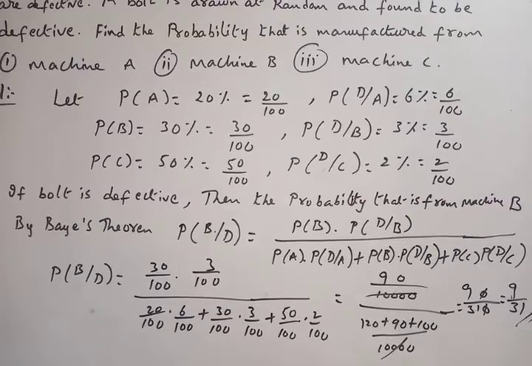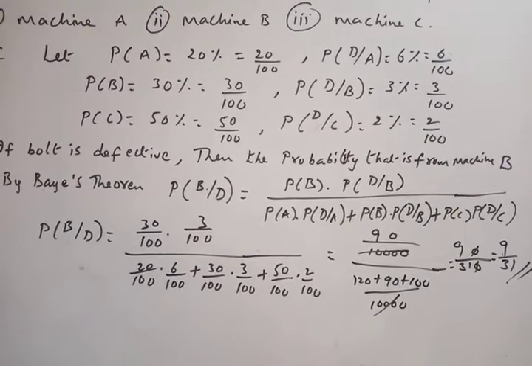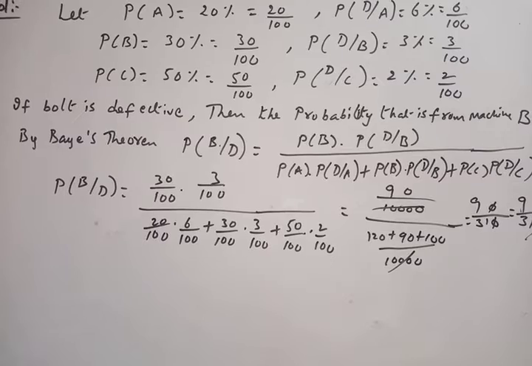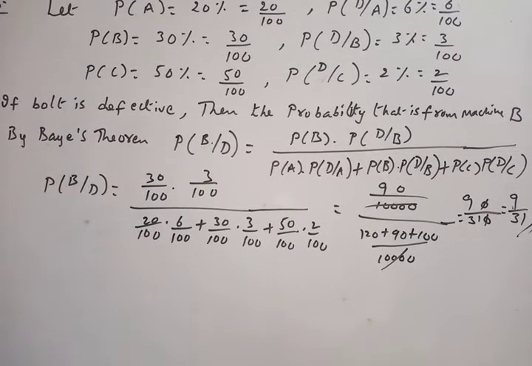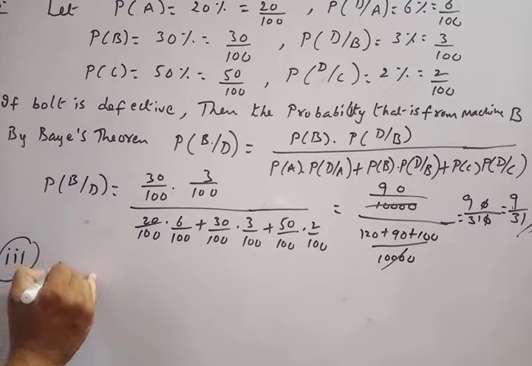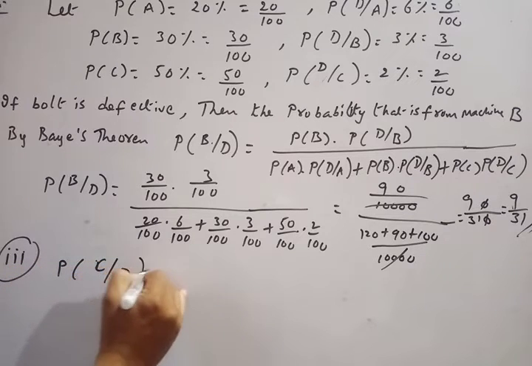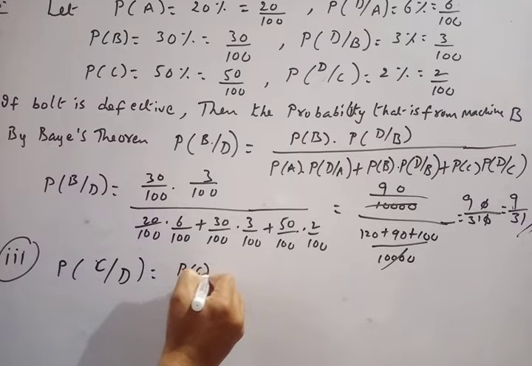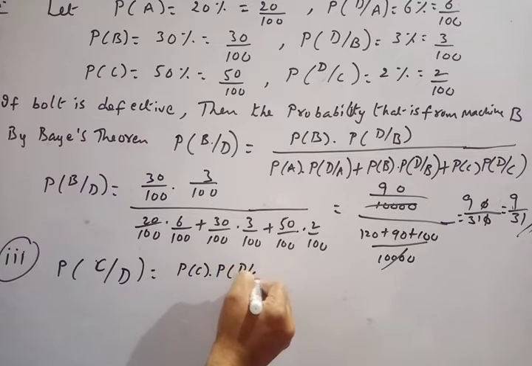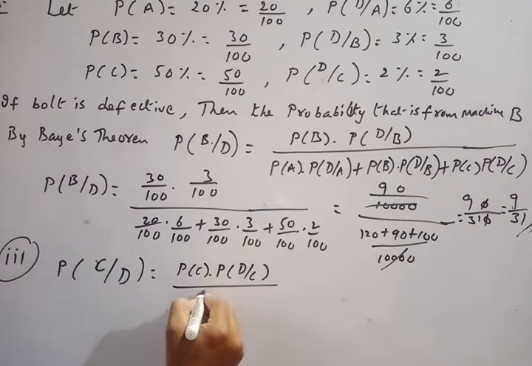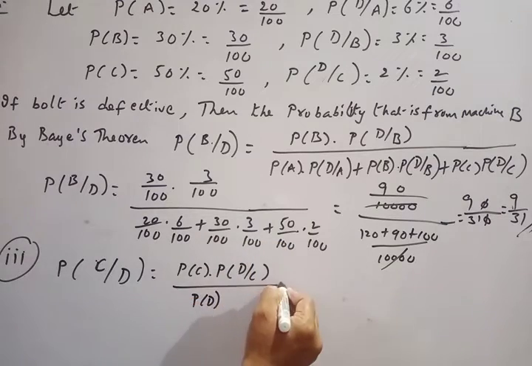Correct? So similarly for machine C, I'll write separately here. Third bit, machine C. P of C by D is equal to, what is the formula? P of C into P of D by C by total defective bolt, by total probability.